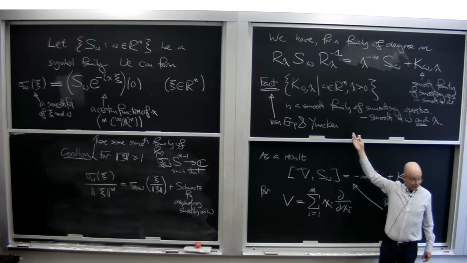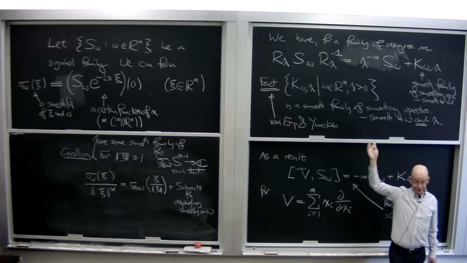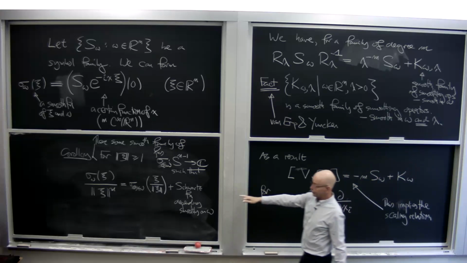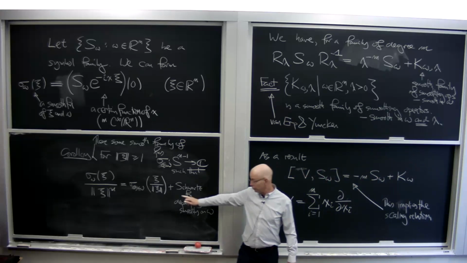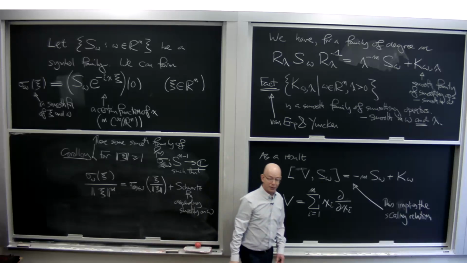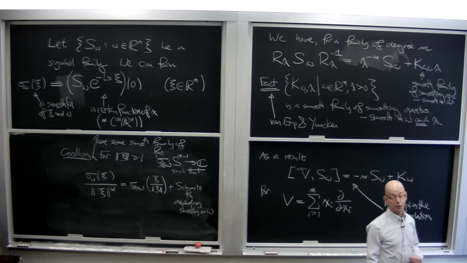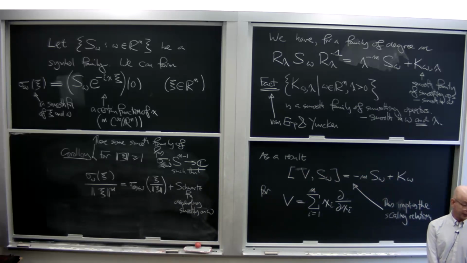So according to the way we've defined things, there's always going to be an error term in all of these formulas. But the point is that it's never worse than this. And there really is, at the end of the rainbow, a beautiful smooth homogeneous function which is determining everything up to a tiny, tiny error.